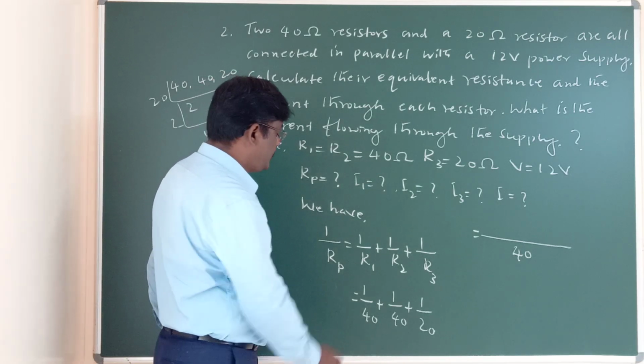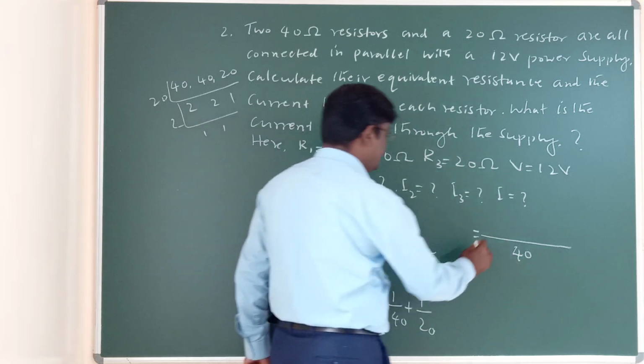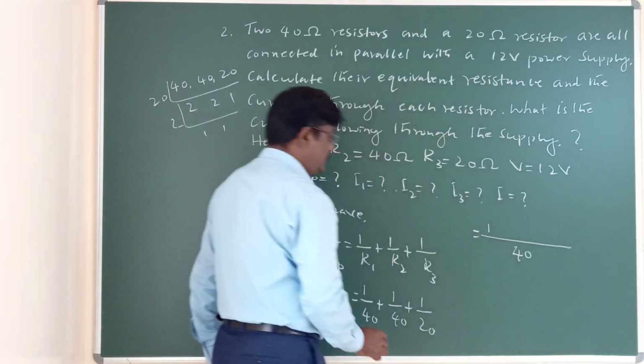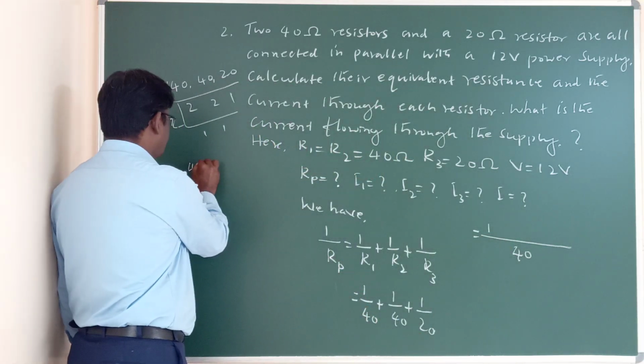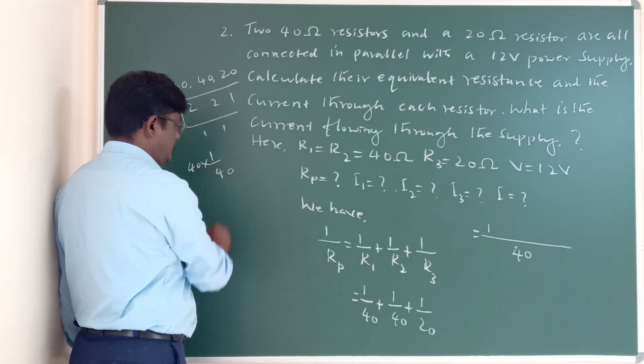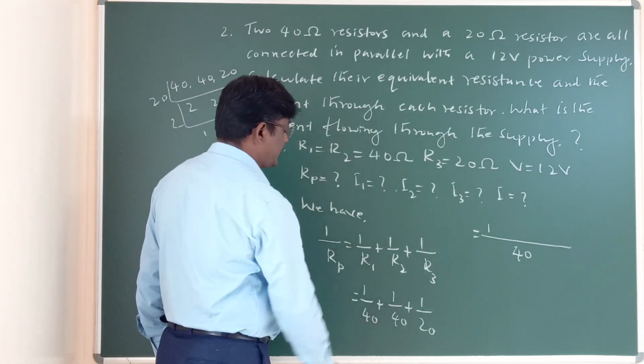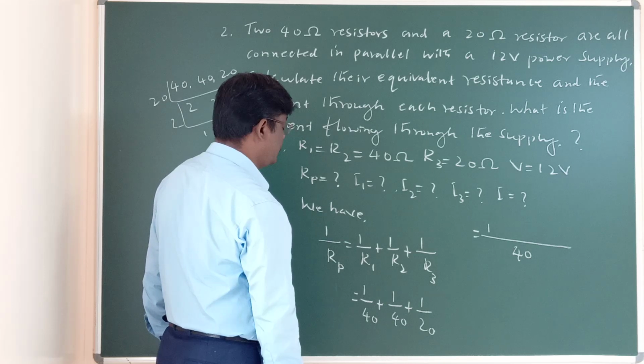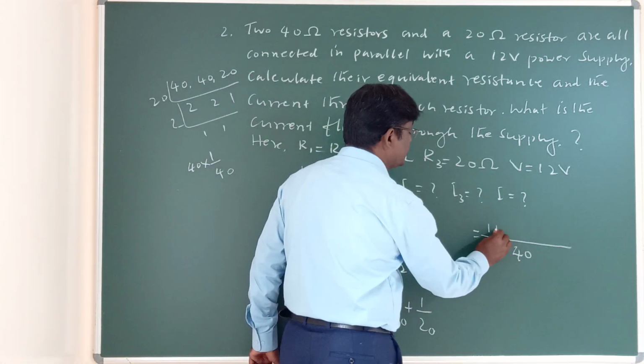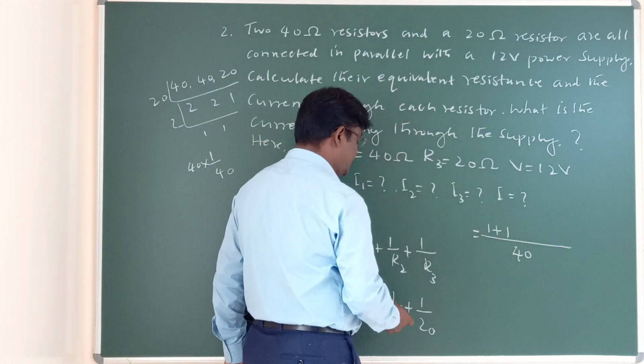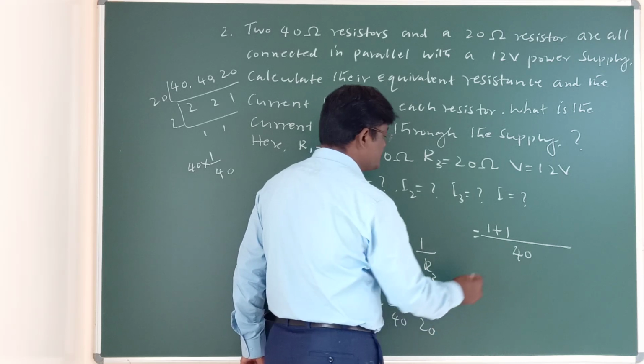40 into 1 by 40 is 1, that we know. 40 into the first fraction, next 40 into the second fraction, again 1. Plus, because we have plus here, 40 into 1 by 20 means 2.